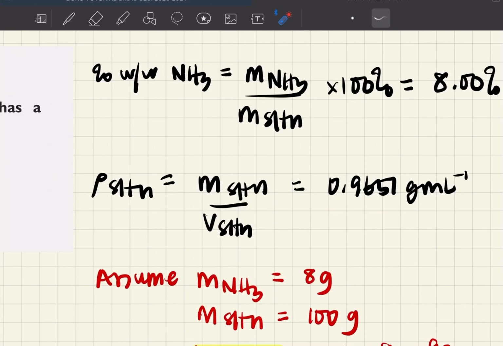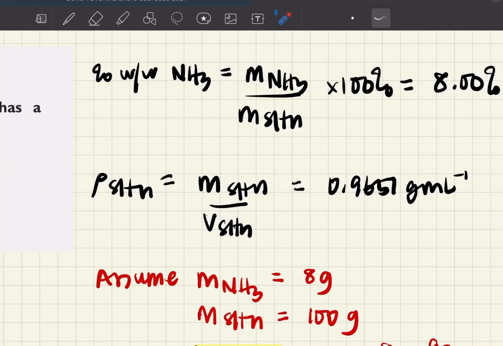Okay, if you think about where we can get the mass from this information, you won't, unless we assume. So guys, when you get percentage by mass or any other concentration, if you cannot find the mass, cannot get the mole, then you have to assume.